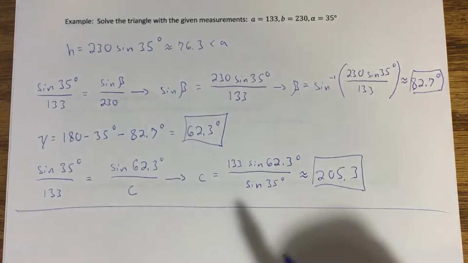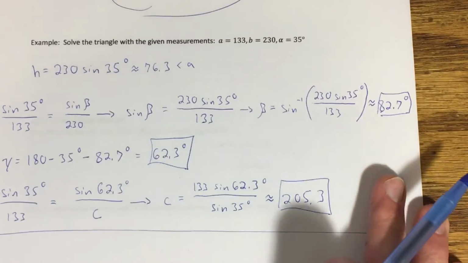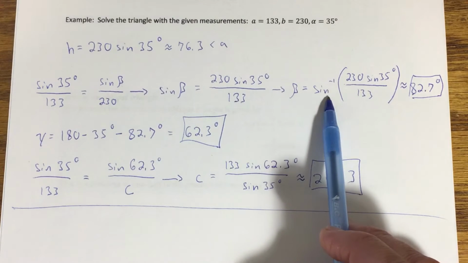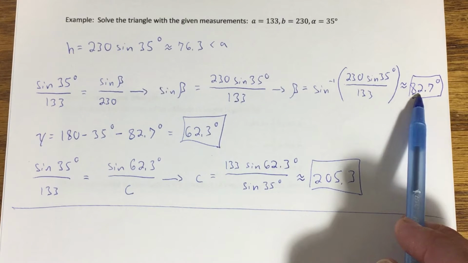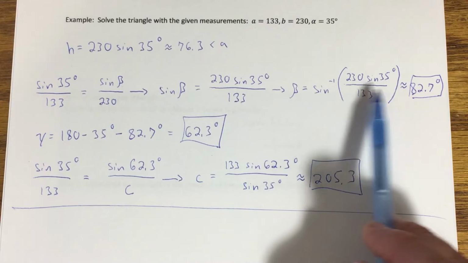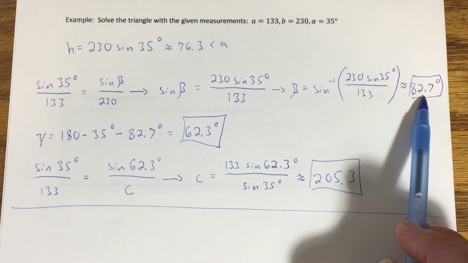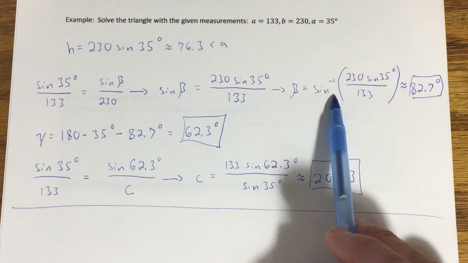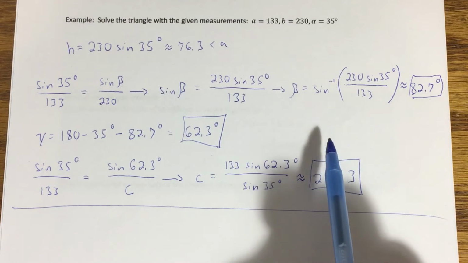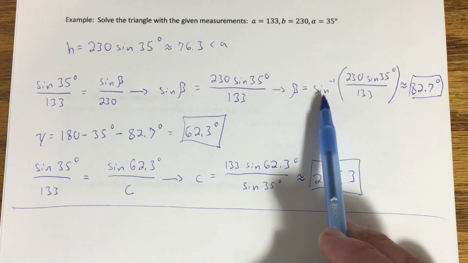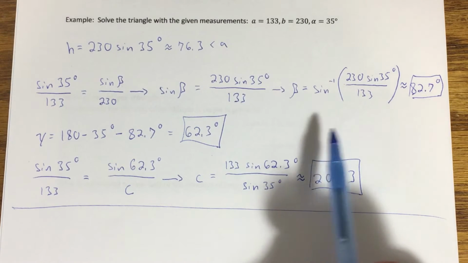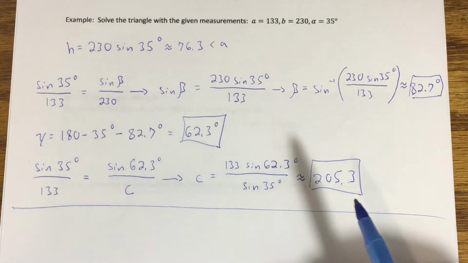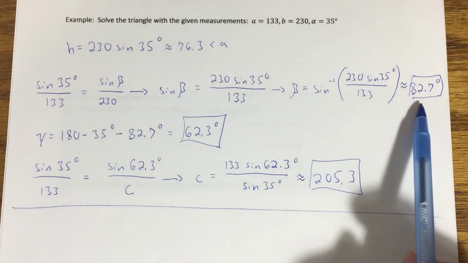Now, come back over here. When I solved for beta, I had to take an inverse sine in that process. That inverse sine cannot give me obtuse angles because of the restrictions that we put on the inverse sine function. Remember, this will only ever give you values in the first or fourth quadrant, but it interprets angles in the fourth quadrant as negative, and for this section, all of the angles are between 0 and 180 degrees, so you never get anything in the fourth quadrant.